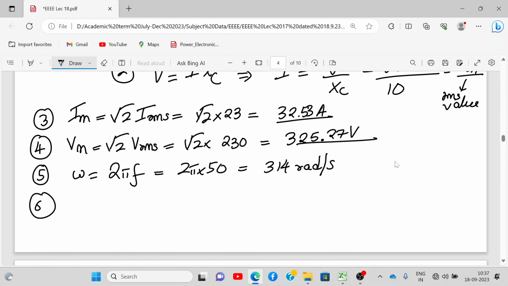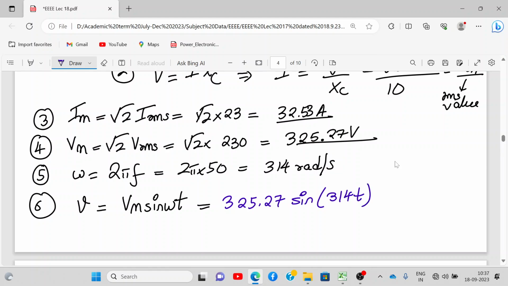Next we write down the expressions of V and I. So V will be Vm sin omega t, that will be 325.27 sine of 314t.